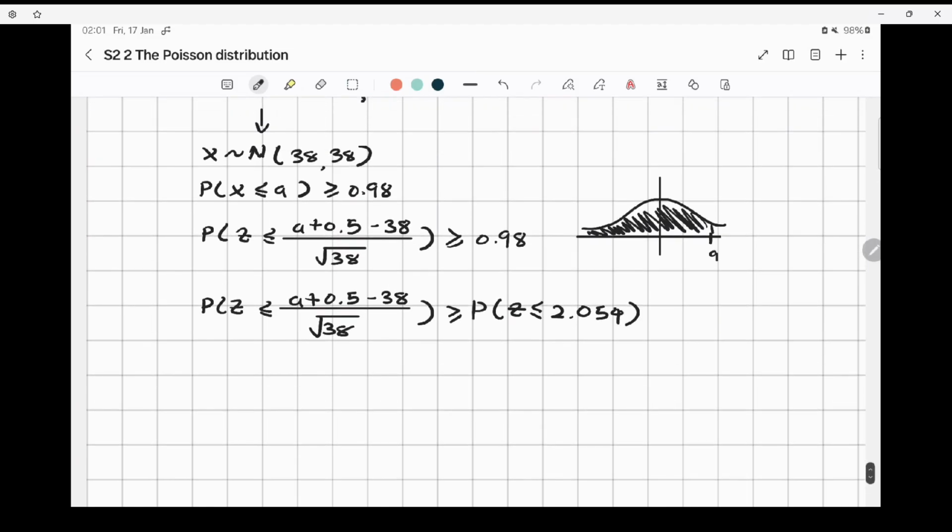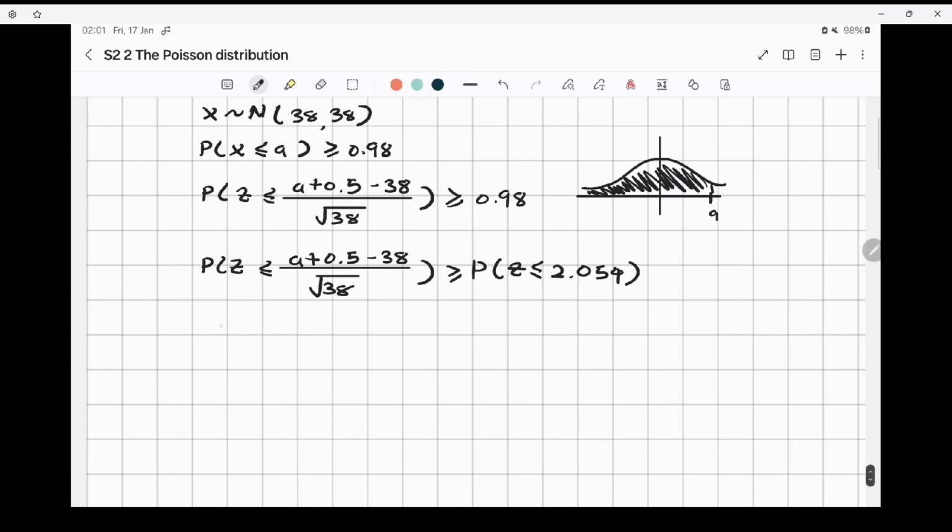So how do you find this? You read from the table, find 0.98 and then find out what is the z-score. So this is the sort of like finding the inverse of normal distribution. So then finally (a + 0.5 - 38) divided by the square root of 38 has to be greater than 2.054.